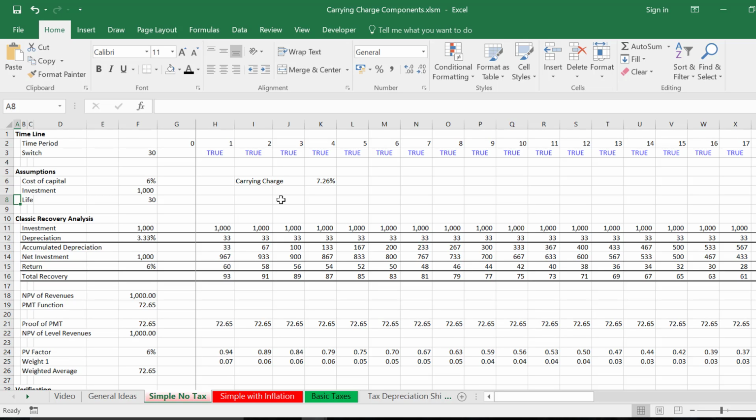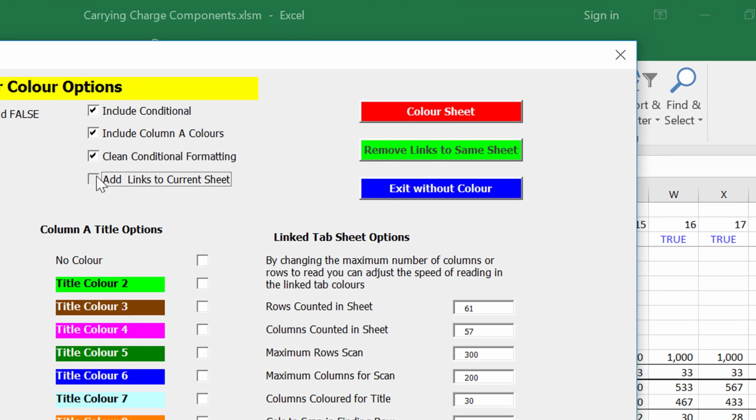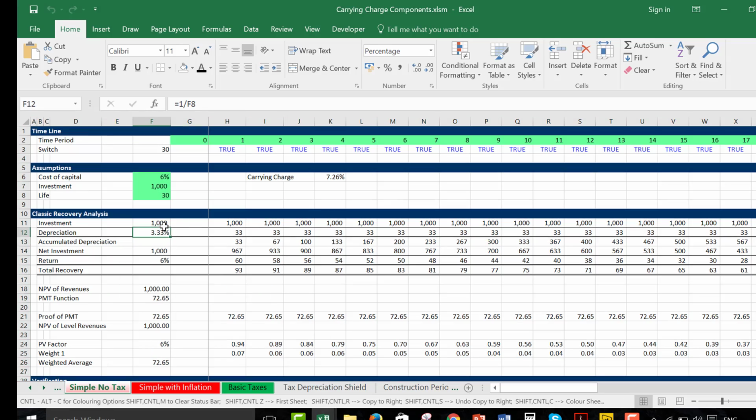generic macros. I've been showing you that each time, and I'm trying to show you a couple of new things each time. Here are the new things just quickly. I put remove links. I put add links to the sheet. If I add links to the current sheet, here's what happens after you press color the sheet. It goes down, and do you see?